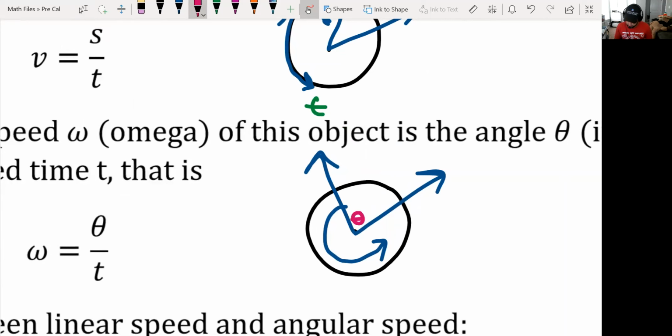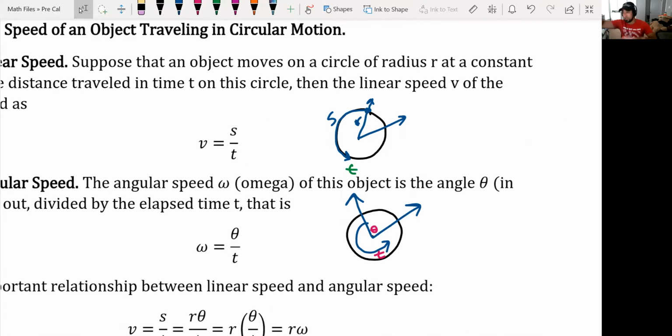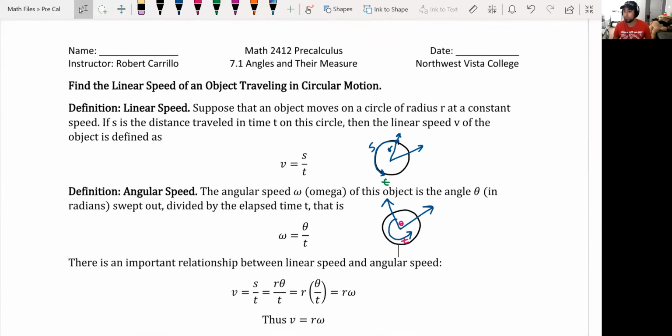And so this line represents theta being swept out over some certain amount of time, t. So we don't care about what distance the object has covered. We care about how fast the angle is moving as the object is going around the circle. Whew, okay.